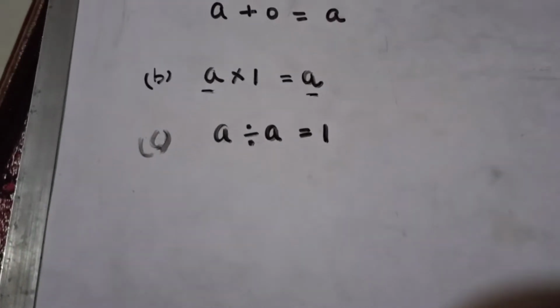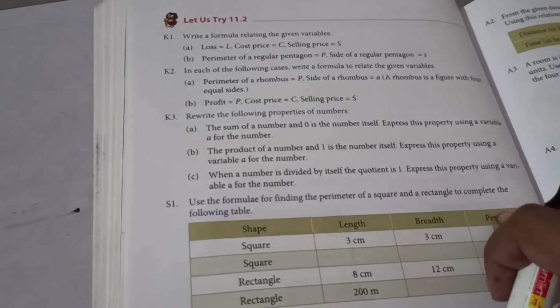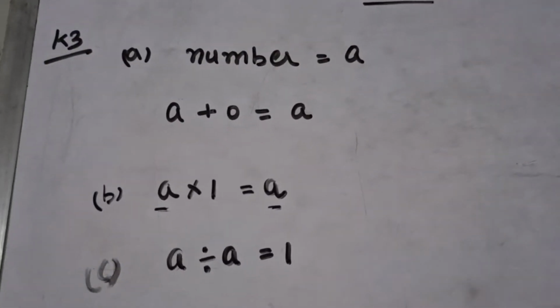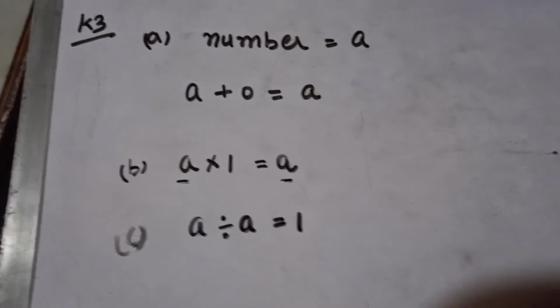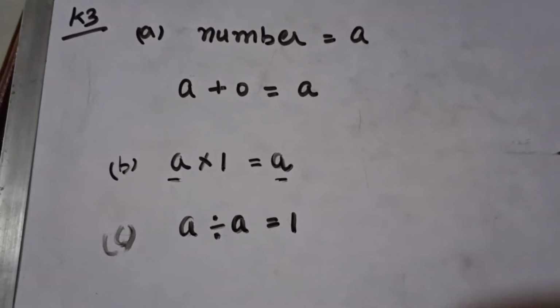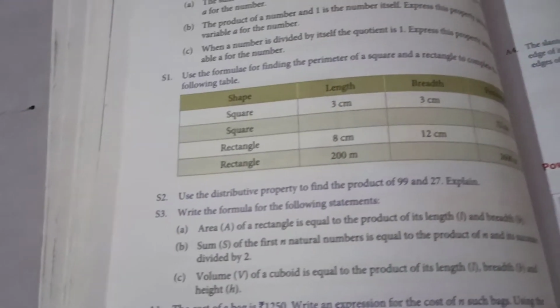Clear all the properties? So this is your Q3 part where you have to write all the properties of a number, and in place of number the variable a is given. Clear?